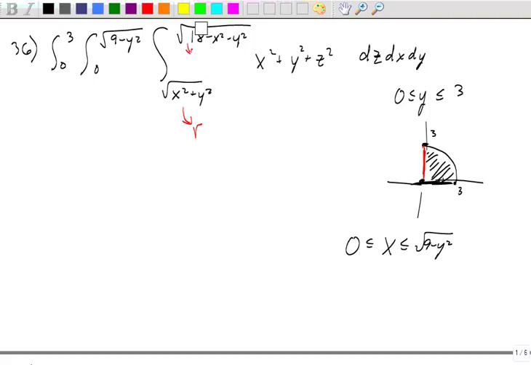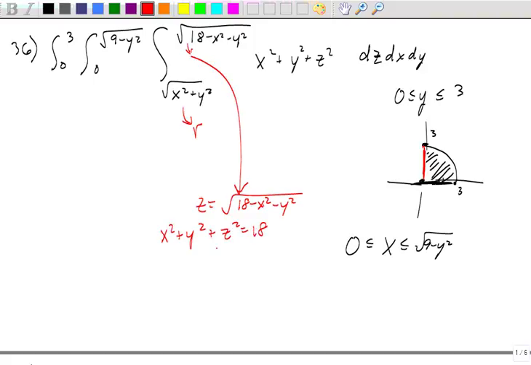I'm in spherical coordinates, so let's take this down here. I have z equal square root of 18 minus x squared minus y squared. Get everything on one side. X squared plus y squared plus z squared equal 18. So rho squared is 18. Rho is square root of 18. So rho, when I change it, is going to go from 0 to square root of 18.